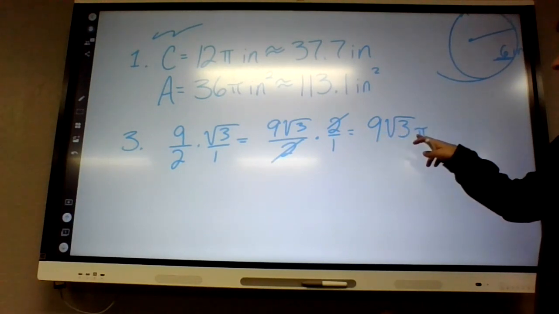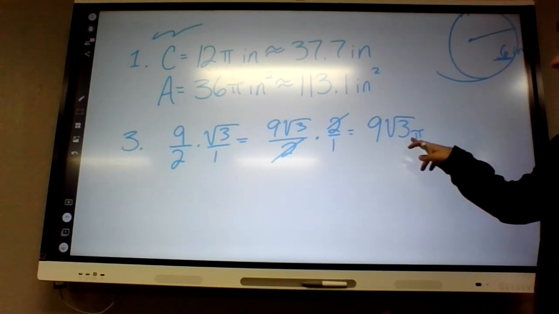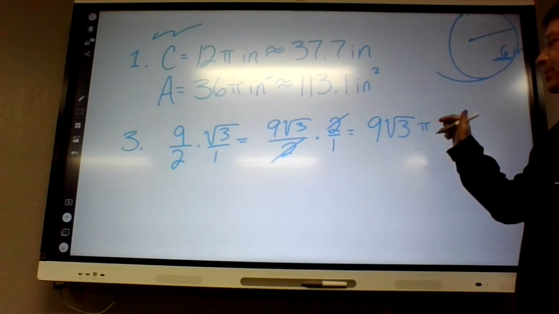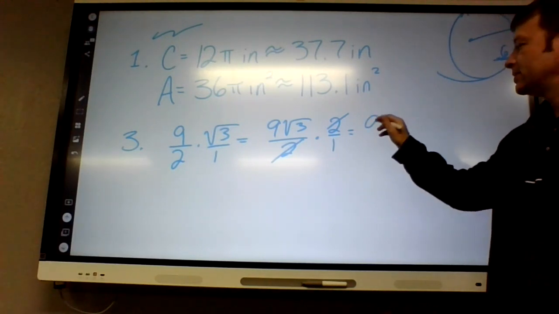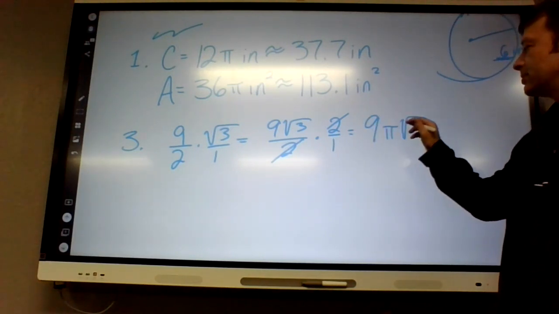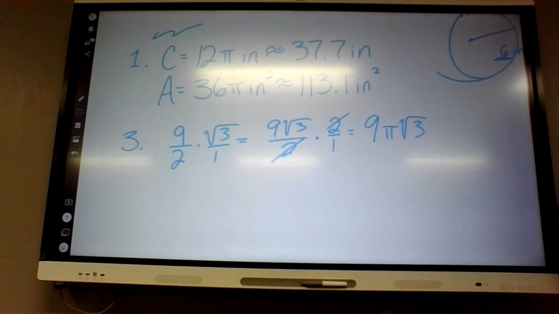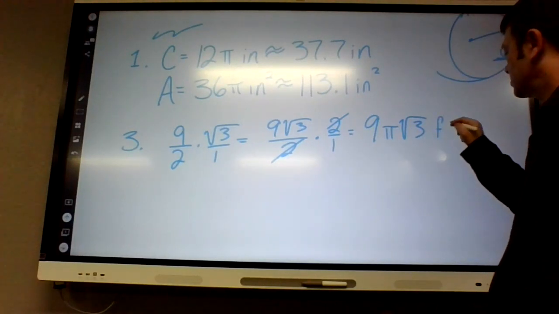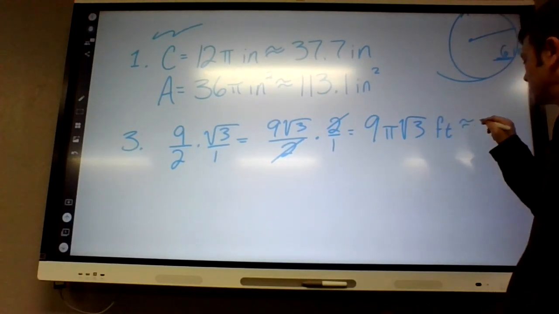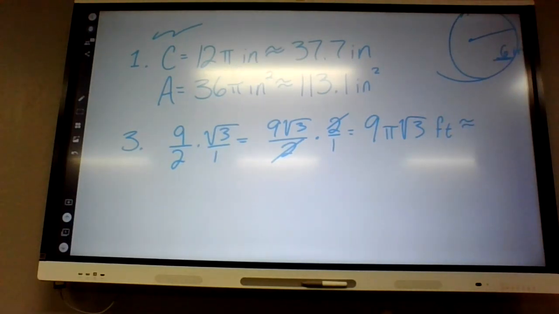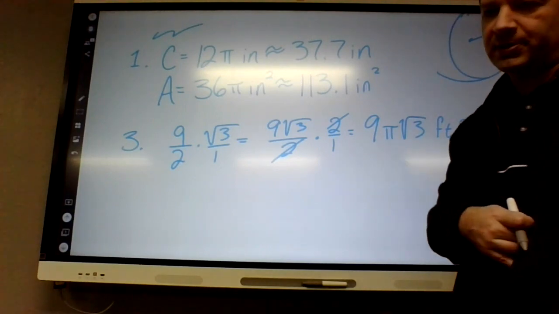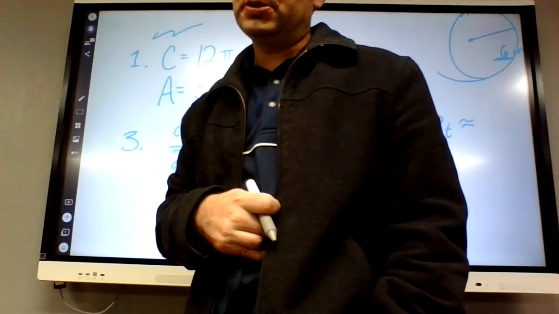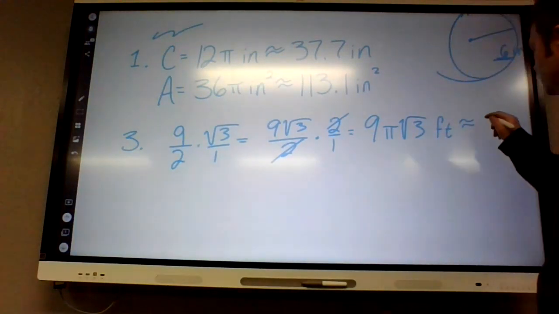Okay, why would I not put the pi right here? Because it looks like it might be under the square root. So really what you want to do is write 9 pi square root of 3. Put it right there. And number 3 is feet. And then you plug that in the calculator. 9 pi square root of 3 is 49.0.